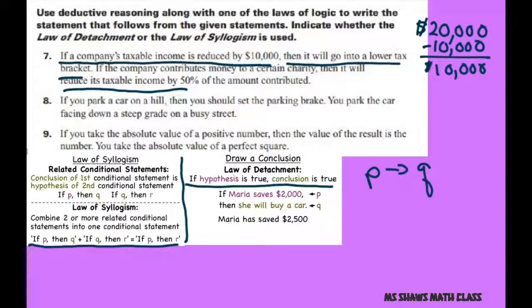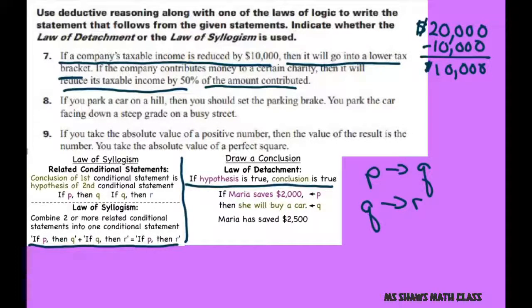It goes into a lower tax bracket than R if 50% of the amount is contributed. So for the law of syllogism, you say if the company contributes $20,000 to the charity, then it will go into a lower tax bracket.